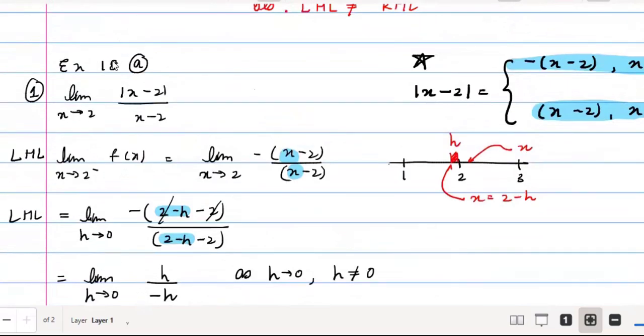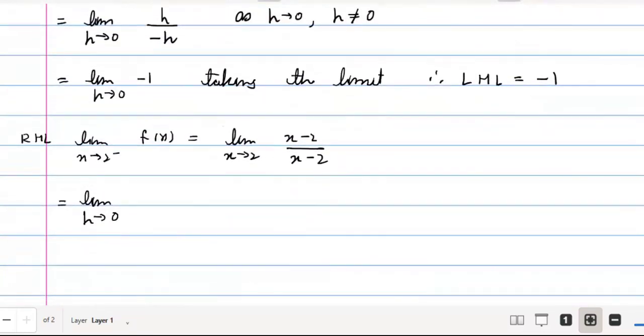So let me take you back here again. Because x was to the left of 2, x was smaller than 2, so that was 2 minus h. Now over here, x is to the right, x is bigger. So that is 2 plus h now. I will substitute that. So I get 2 plus h minus 2 over 2 plus h minus 2.